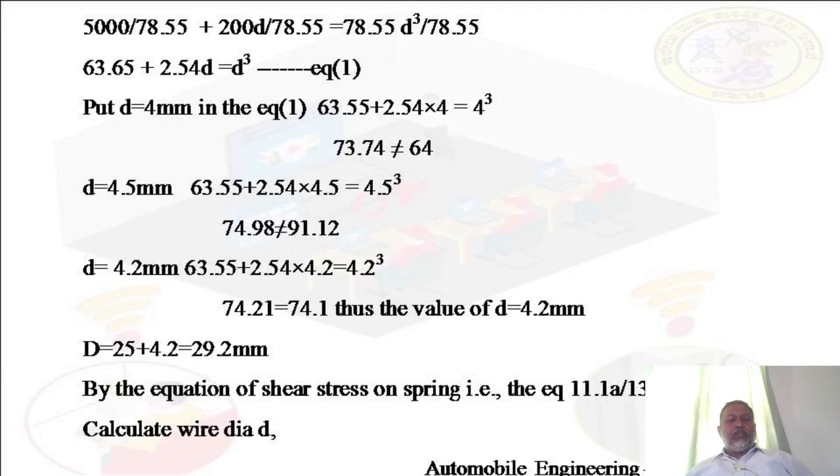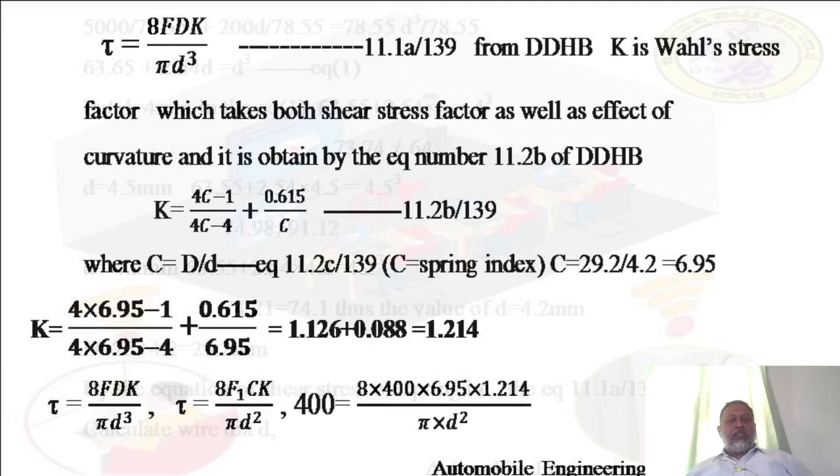From these two equations, we have to go by one more equation, that is 11.1, where shear stress is given by 8 F D K by pi d cube. Here the Wahl factor K can be calculated by the equation 4C minus 1 by 4C minus 4 plus 0.615 by C, equation 11.2b of the design data handbook by Mahadevan, page 139.